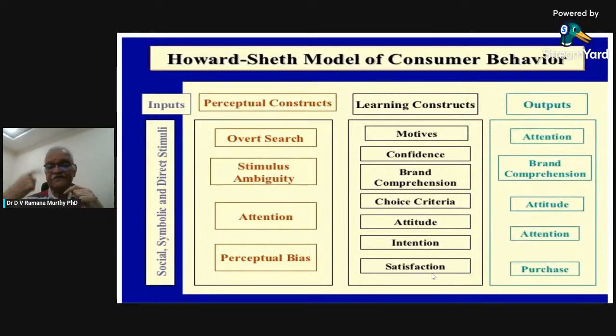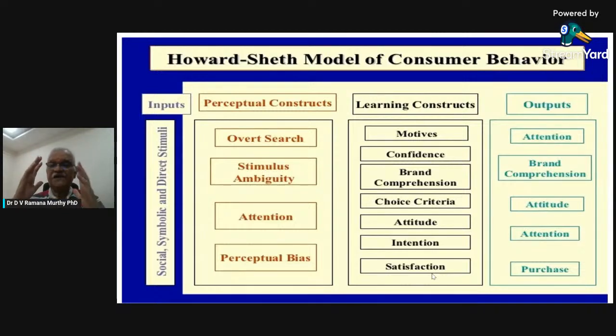And then after buying, whether I can get full satisfaction or not is another issue. So that's again satisfaction. If the consumers are satisfied with the use of this product, there can be repeat buying. There can be repeat buying, mind it. So these are the learning constructs.